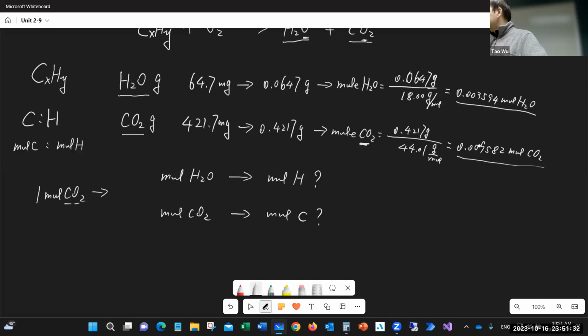Just 1. Looking at the formula, how many of the carbon atoms in this formula? Just 1, right? So in this we are going to have 1 mole of the carbon.